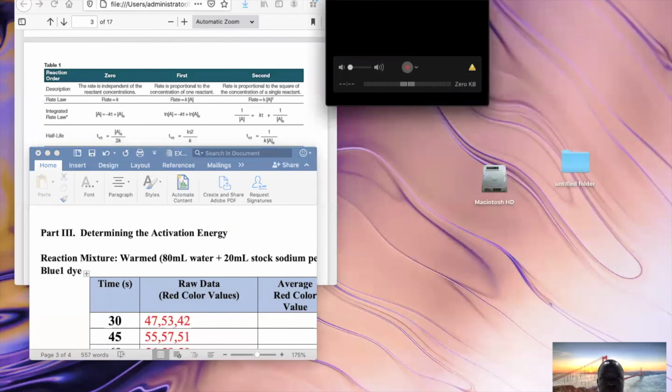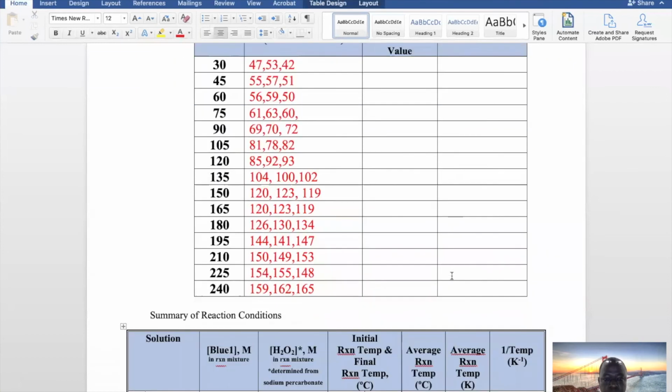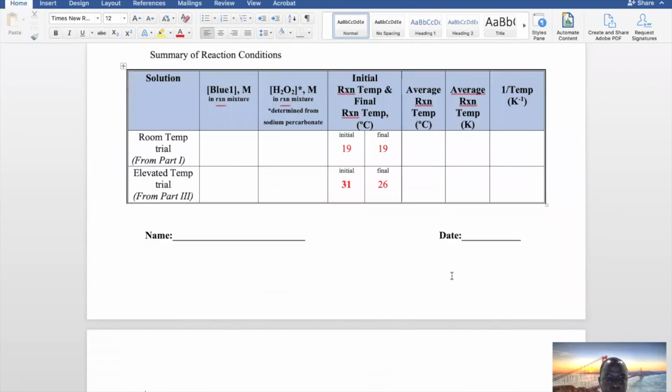So I'm just going to show you how you will use that to determine the activation energy. Find the average, calculate the absorbance values, and this is the summary of the table you will use to calculate the absorbance values. I'm just going to show you that.